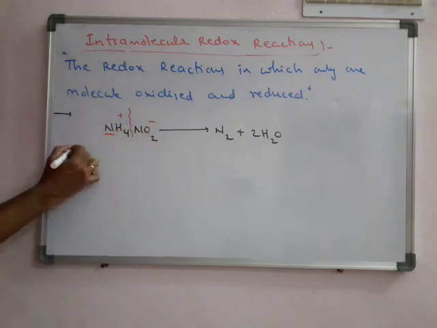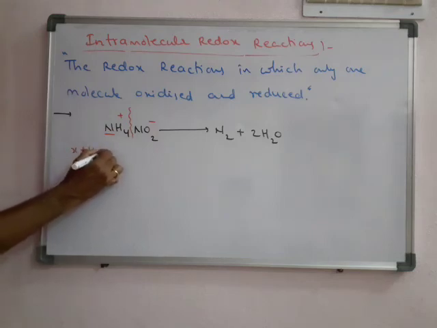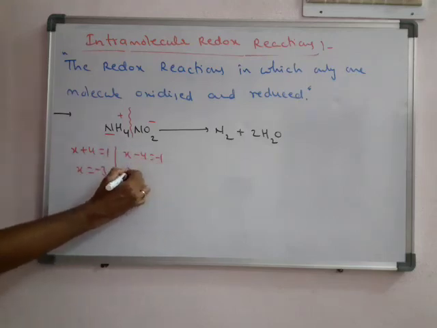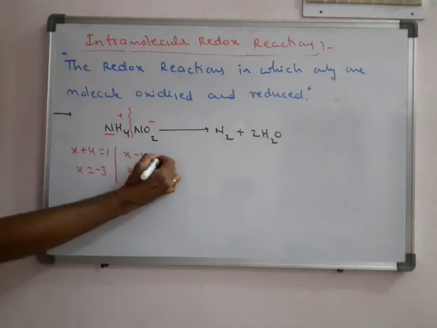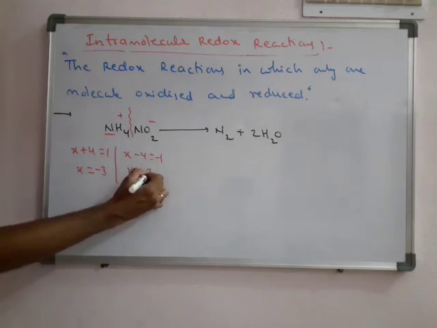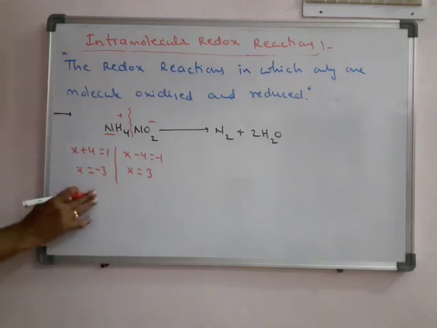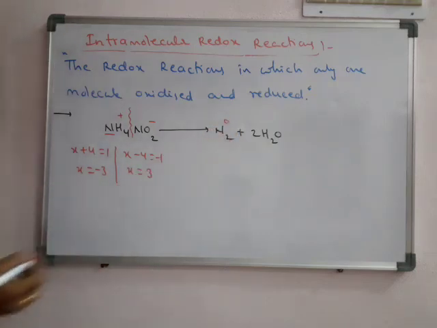Okay, here what is X? So here nitrogen oxidation state is minus 3, and here it is 0.